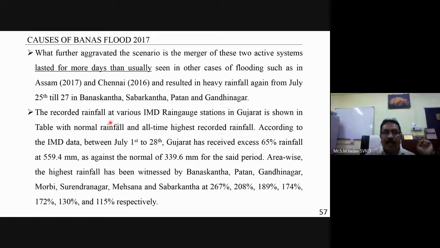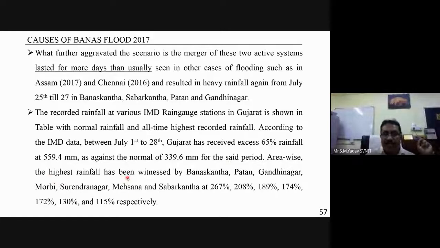The recorded rainfall at various IMD rain gauge stations in Gujarat is shown in the table with normal rainfall and all-time highest recorded rainfall. According to the IMD data, between July 1st to 28th, Gujarat received 65% excess rainfall at 559.4 mm as against the normal rainfall of 339 mm for the same period.